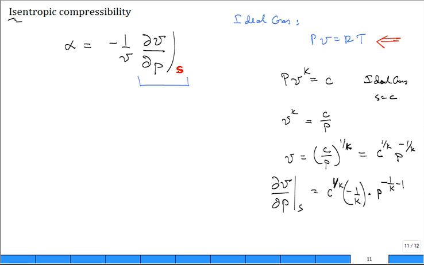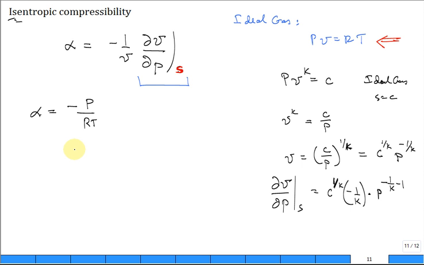Let's come over here. So alpha is equal to minus 1 over V. Okay, well, what do I do for V? Here's a question for you. For this V right here, should I substitute RT over P?